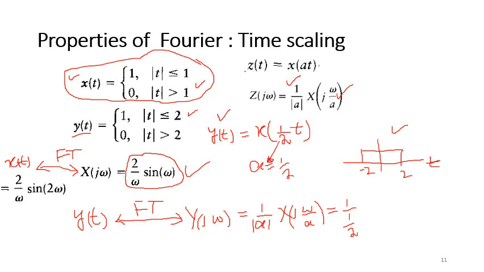Okay, so when a equals 1 by 2, that means we replace omega by a, so we have 2 in divided by omega. So this again omega, and we have omega by a, so omega by a is 1 by 2. Is it something like this, right?